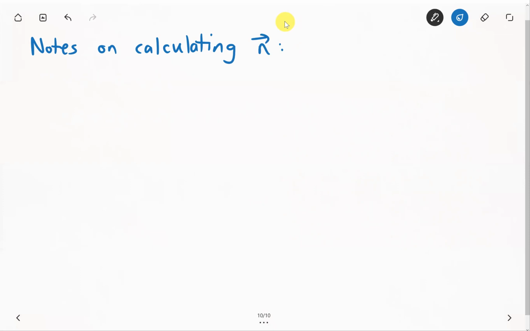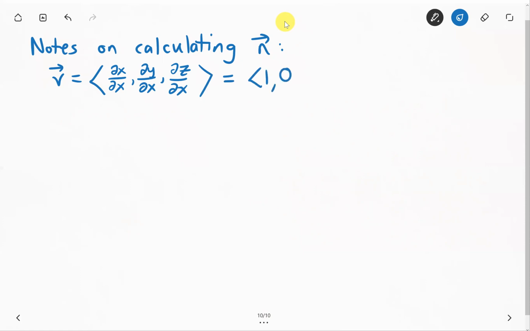We're going to use two tangent vectors to calculate n. And you might recall that those vectors that we're going to use, the tangent line in the x direction, was dx/dx, dy/dx, dz/dx, which always simplifies to 1, 0, dz/dx. Similarly, we used the tangent line in the y direction.